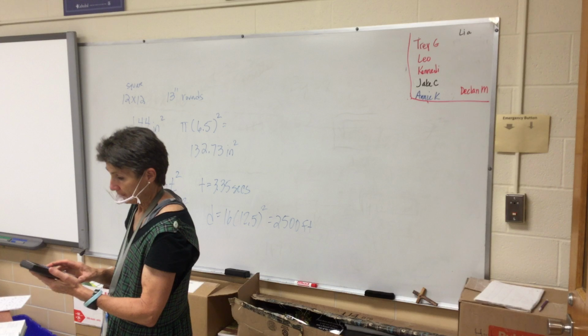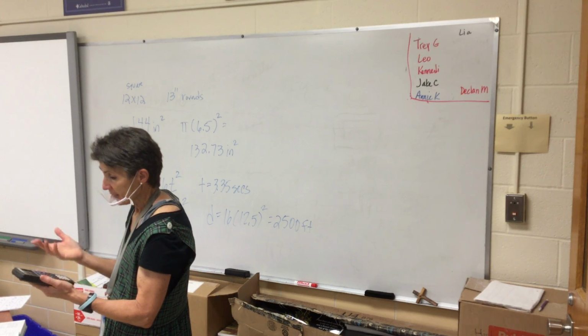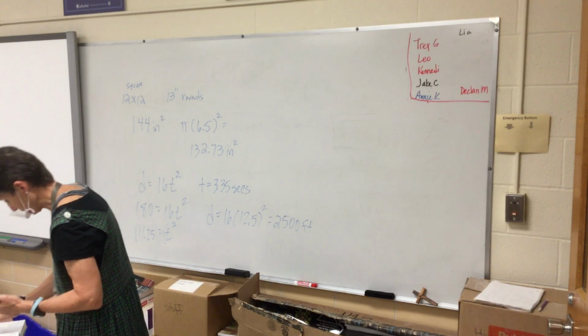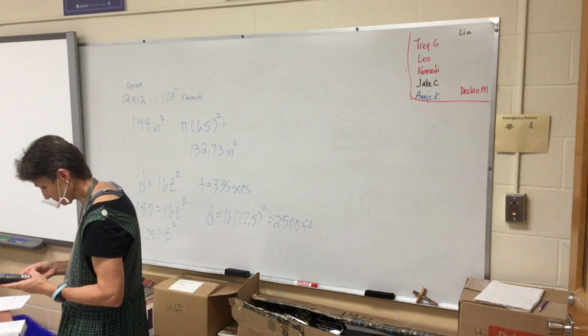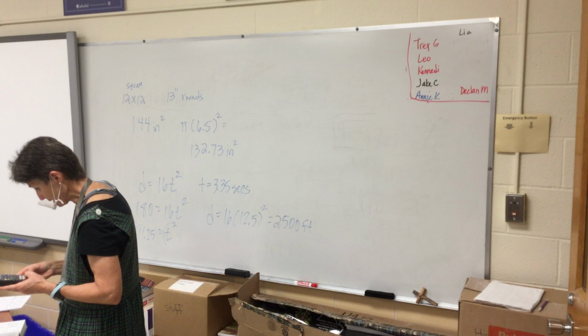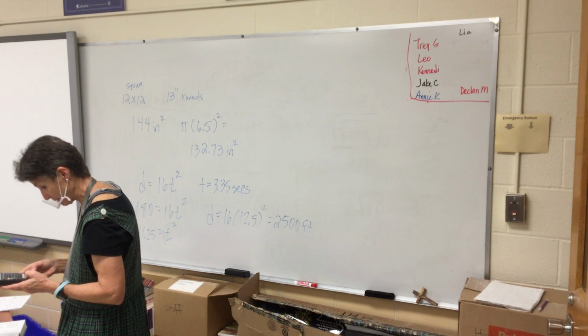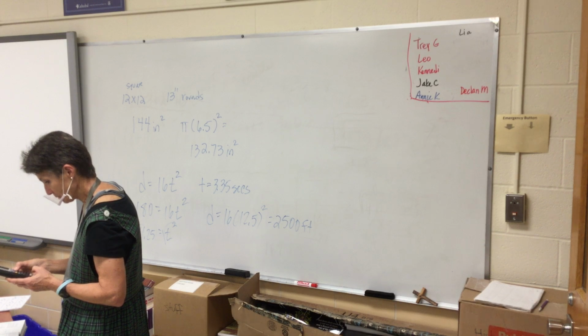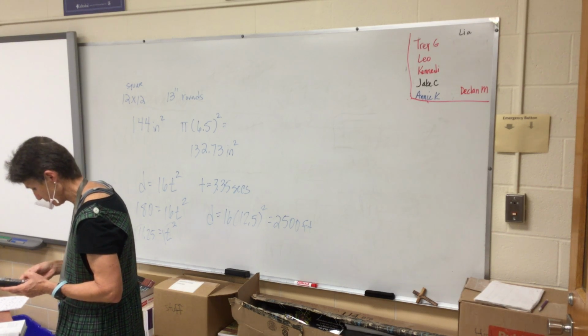We go to stat, edit, and I can type over or I can clear it out, whatever's easiest. Just make sure that if you type over, you don't have any leftovers from yesterday. Make sure you're in the right column. I just put mine in the wrong column.